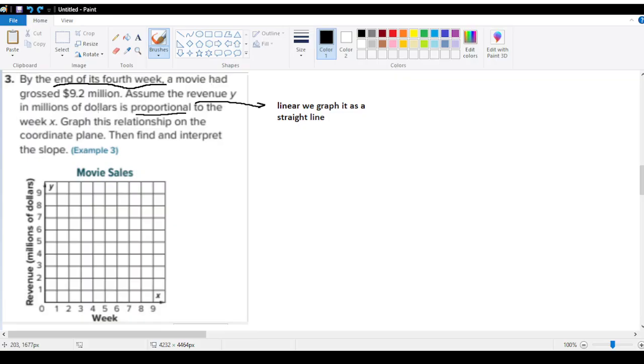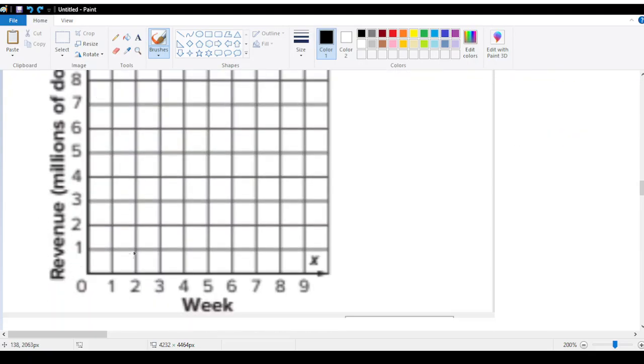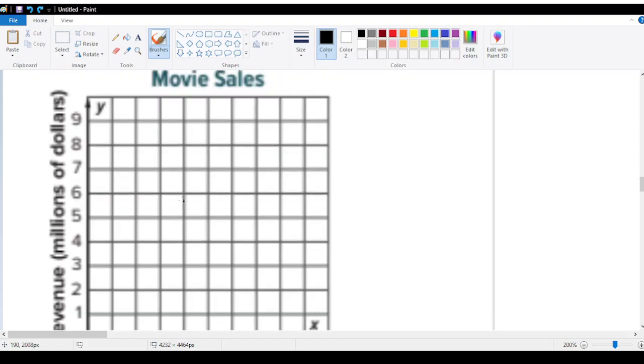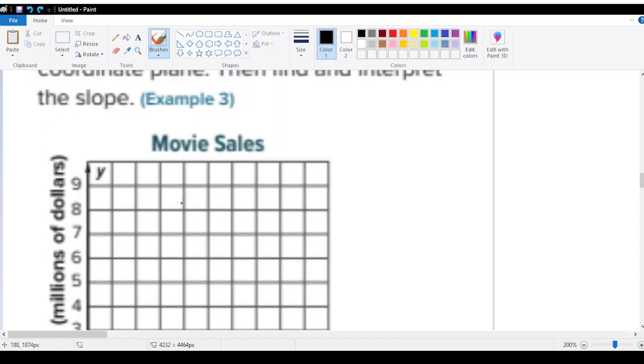How much did we make? 9.2 million. So we will go to 4 and we will go up, up, up, up until we reach 9. But it's not pure 9 and it's not pure 10. It's 9.2. So it should be something around this point.